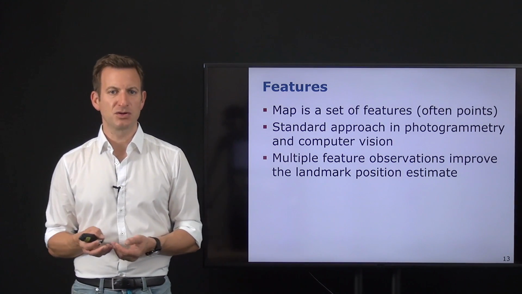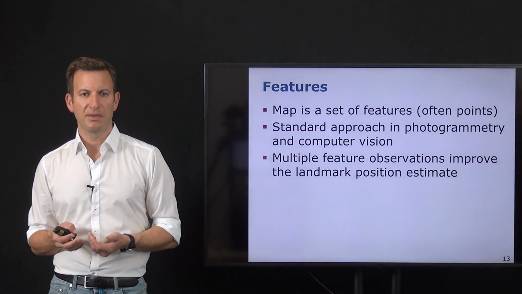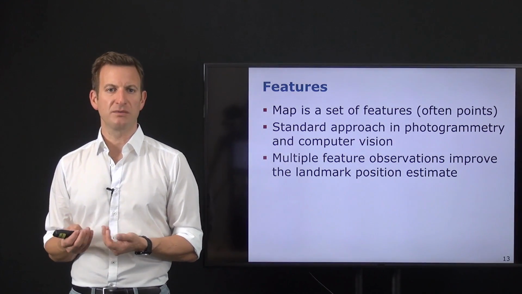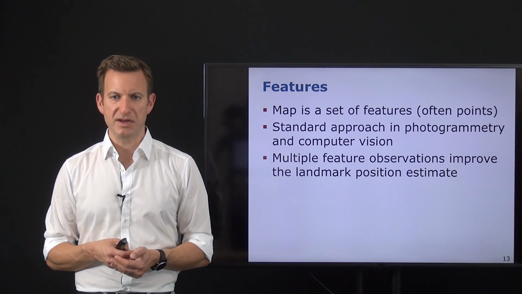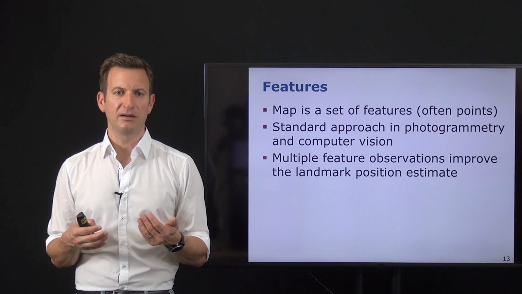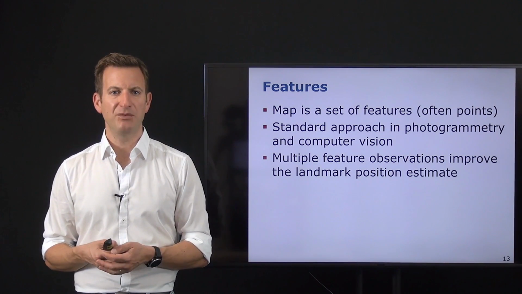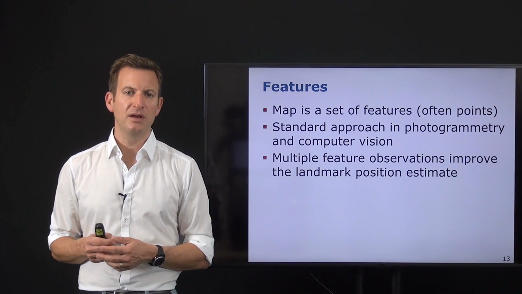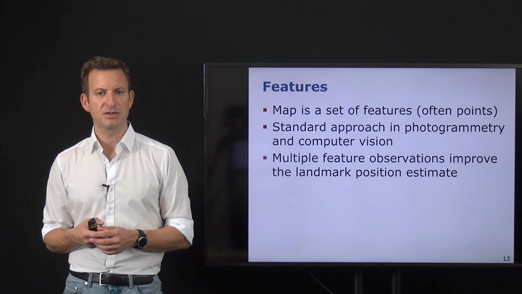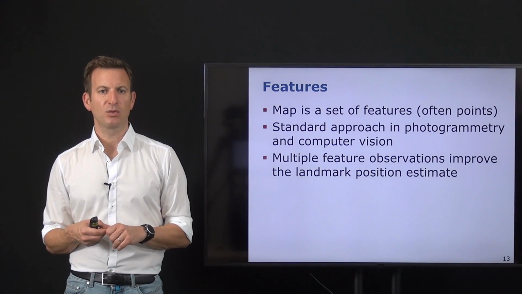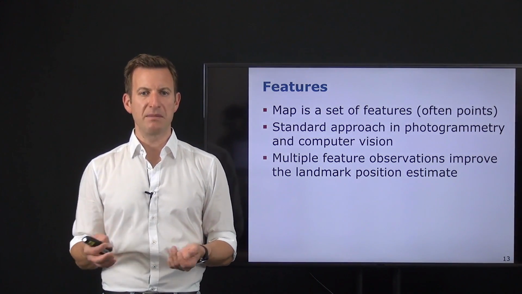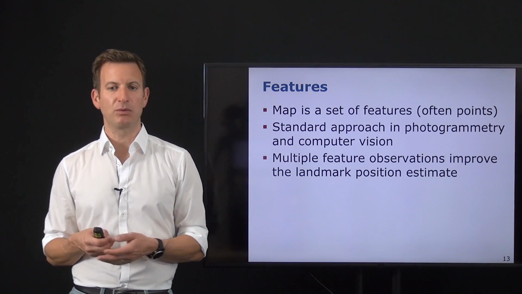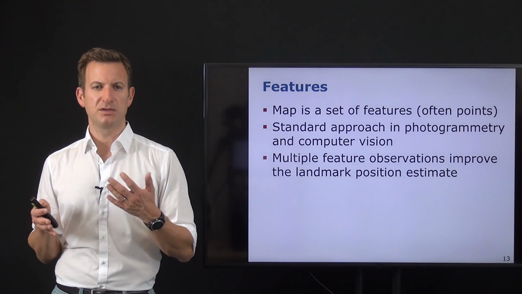This is a standard approach in computer vision or in photogrammetry, where we typically extract point features from images and try to estimate the location of these point features in the 3D space. And if we observe these features multiple times, we can basically reduce the uncertainty in the pose estimate of those landmark locations. So a landmark map in the end would just be a list of points, typically storing their location and maybe their uncertainty. That is what a feature map would look like. And this is something which we don't want to look into today.